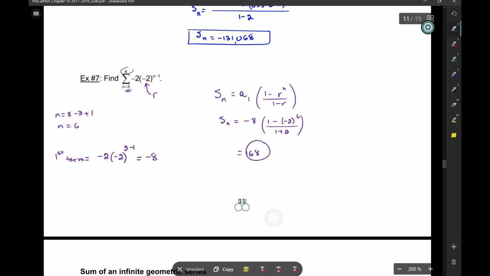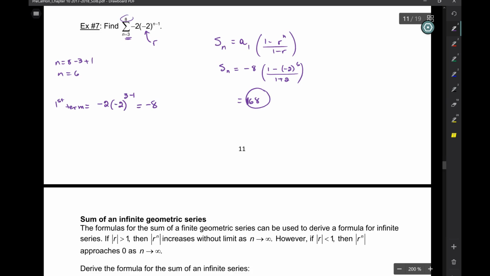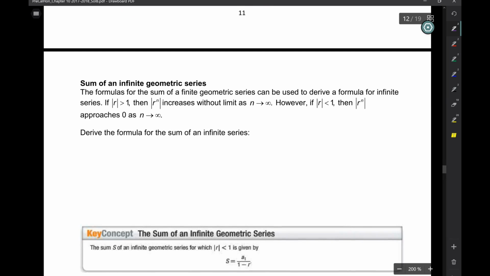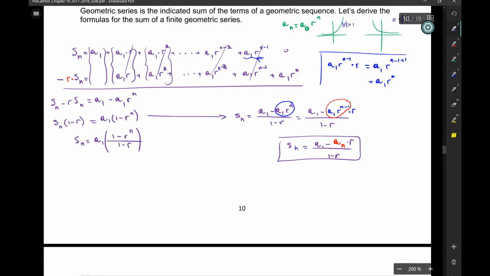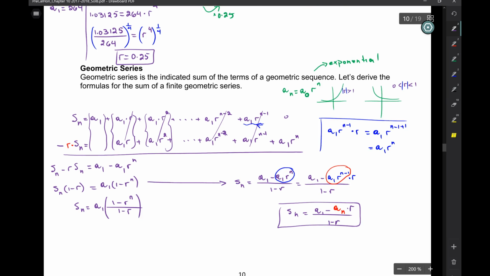Okay, now, the derivation for what if it's an infinite series? I'm not going to derive it, but all I want you to think about is this. Like we said before, when r is greater than 1, the numbers are going to get infinitely larger. And if I'm adding up all those numbers of an infinite series that never end, I can't, because the answer is going to be infinity.